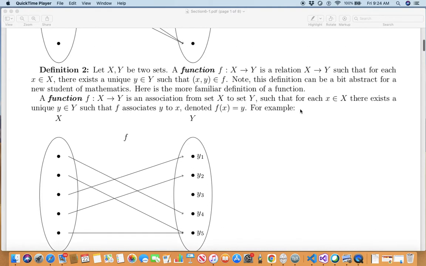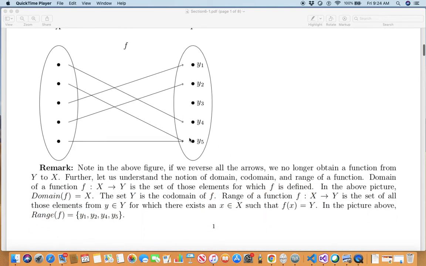For a function, every x should have a unique y. Now, if I reverse it, this one has two places to go, so that fails. This one has nowhere to go, that also fails. So if I reverse all the arrows, we no longer obtain a function.